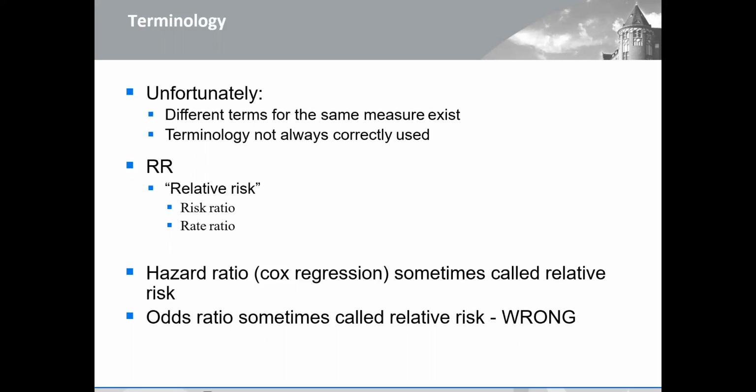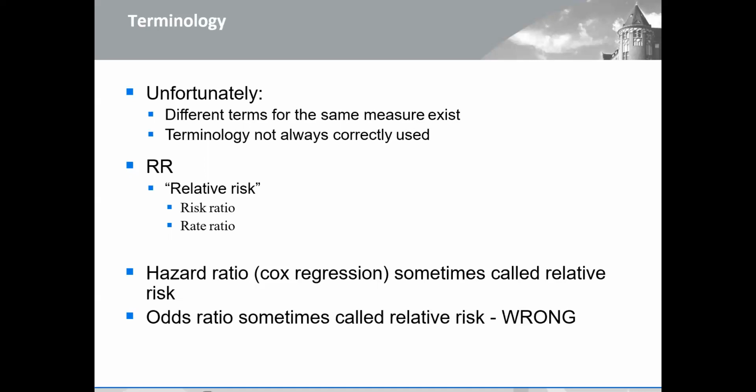Although the two can estimate each other depending on the conditions we discussed before, they are not the same. So it's not correct to say odds ratio and relative risk are the same thing. We have other types of relative risk, like a hazard ratio. We get the hazard ratio when you are doing survival analysis.